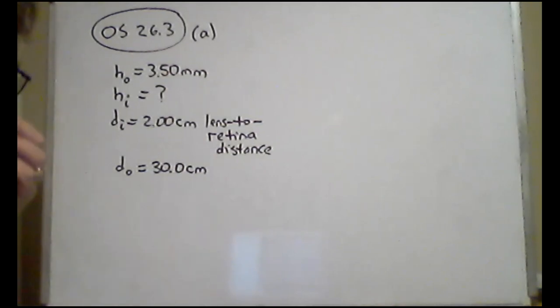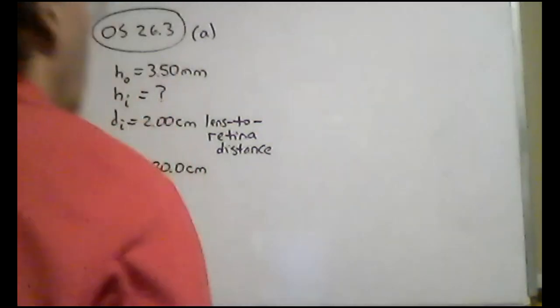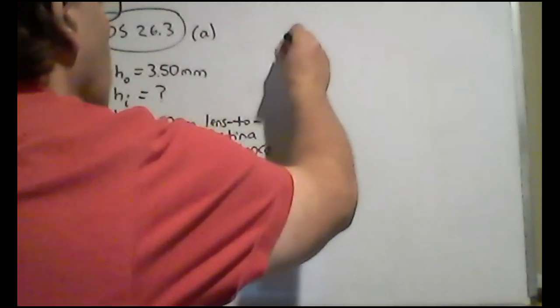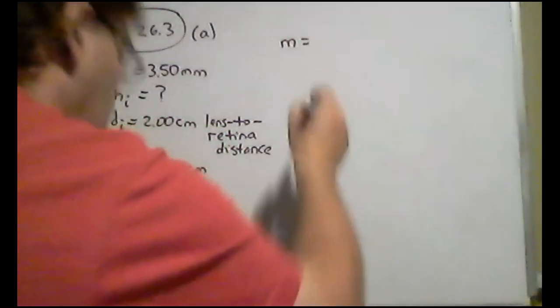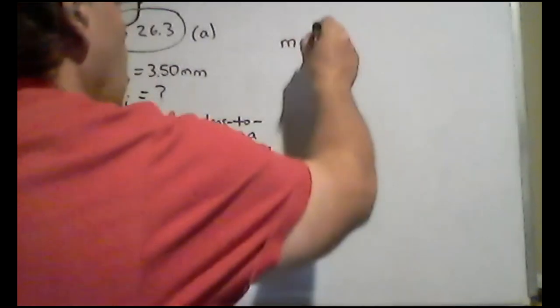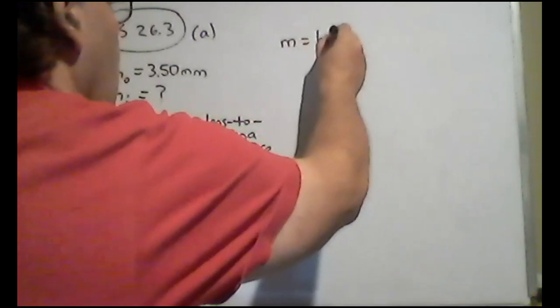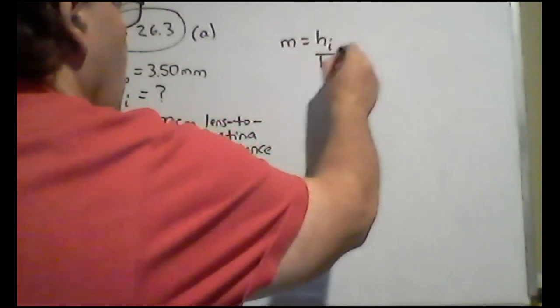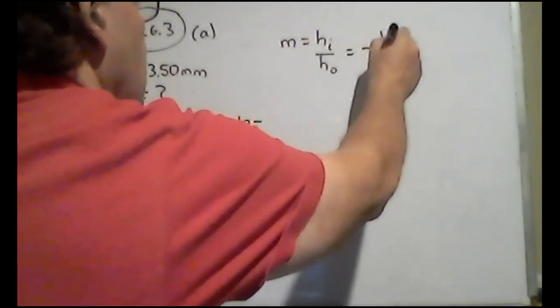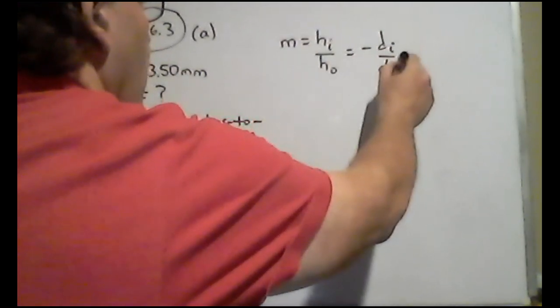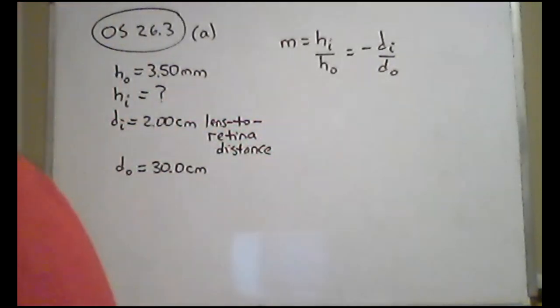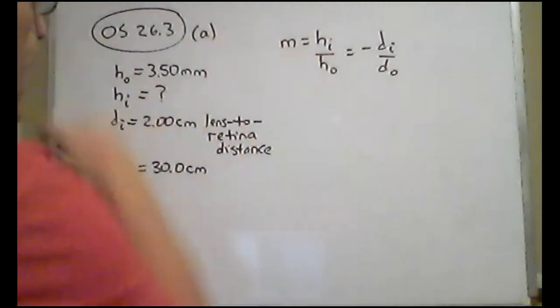Well, just like I did with the human hair problem, I'll set up the magnification equation. Magnification, I can state it two different ways. I can say it's the height of the image over the height of the object, or negative D sub I over D sub O. Either way, I don't really need to ever calculate magnification.